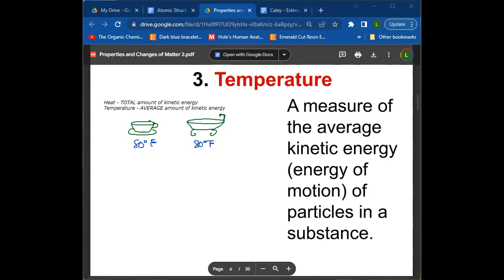But if you think about it, if you added up all of the particles inside the teacup, let's say that maybe added up to 80 kilojoules.